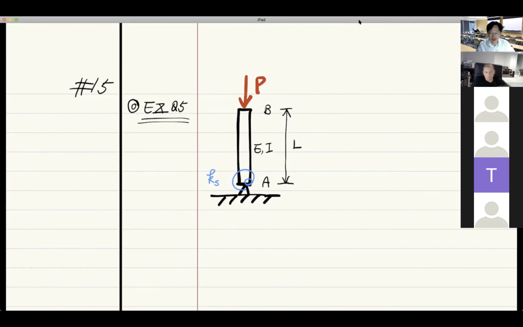Now we're going to consider some type of imperfection, and we're going to model this imperfection by an internal moment. It's called M naught. Now my question is, in this configuration, there's no internal moment. But when I introduce this moment, do you think that there will be some change of the configuration? Or do you think not? The question is yes or no.